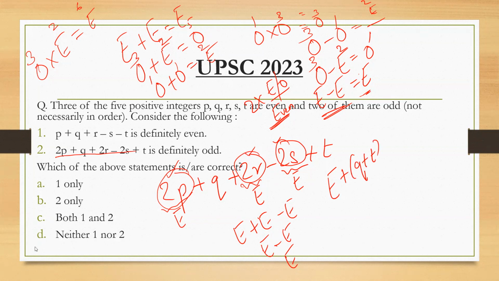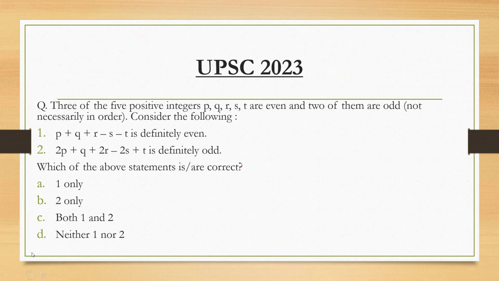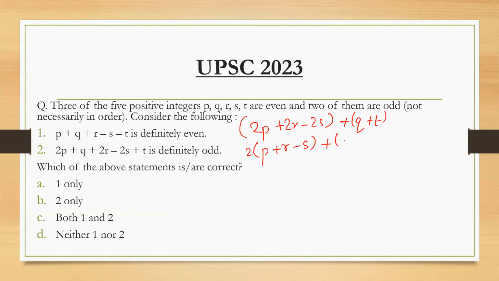Okay, let me write it properly then. See here. If I write the statement properly, this one I can write as 2p plus 2r minus 2s, plus q plus t. Or I can write this, if I take 2 as common, as 2 into p plus r minus s, plus q plus t.